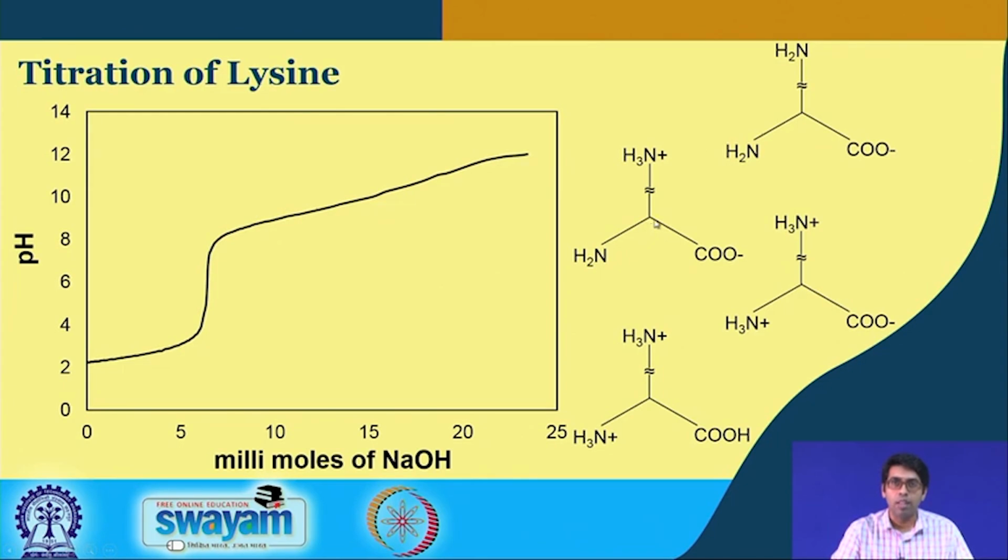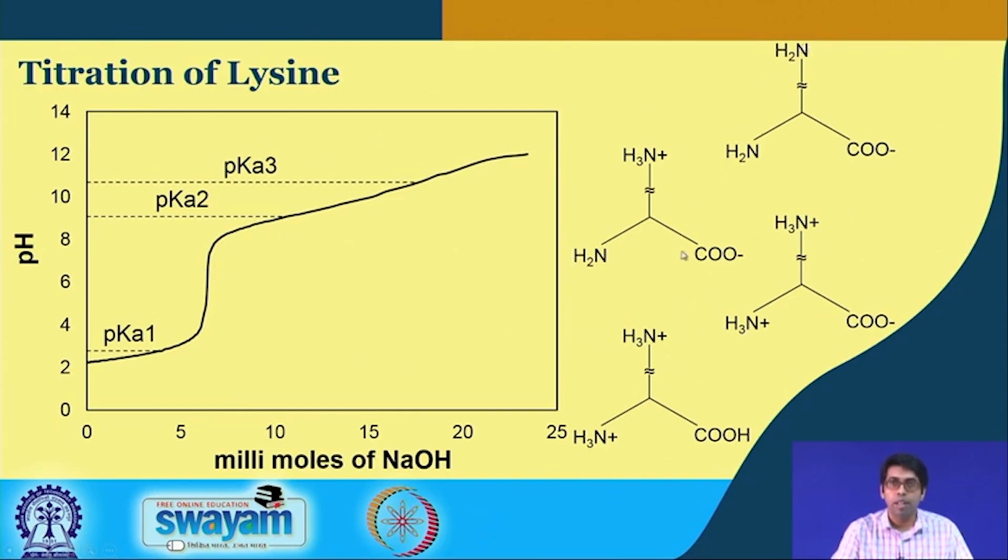The third titration is this one, where the side chain loses its proton. That is given by this other part of the straight line, and if I take the midpoint, it will come somewhere here. So, if I point out these 3 pKa values, pKa1 is for the carboxylic acid, pKa2 is for the amino group and pKa3 is for the side chain amino group.